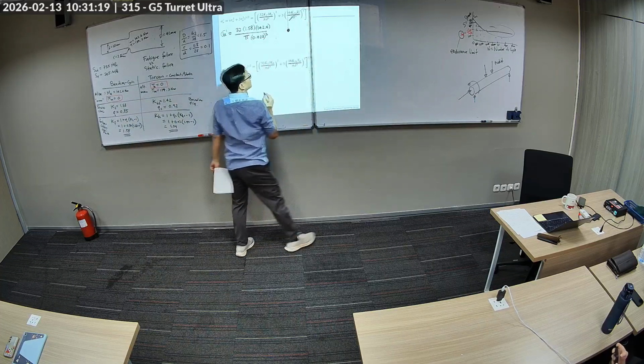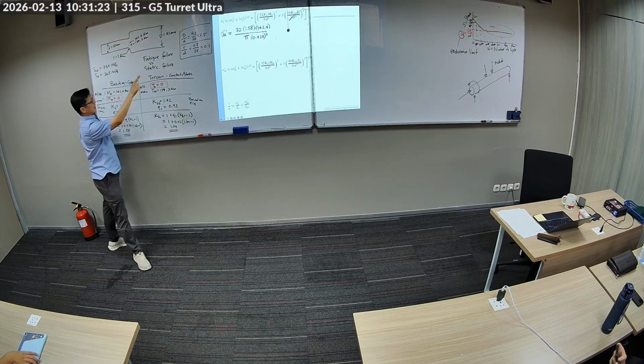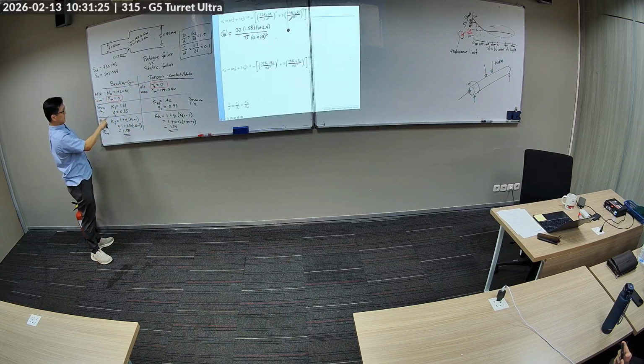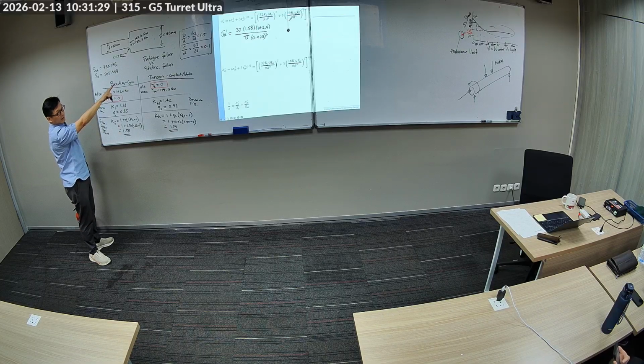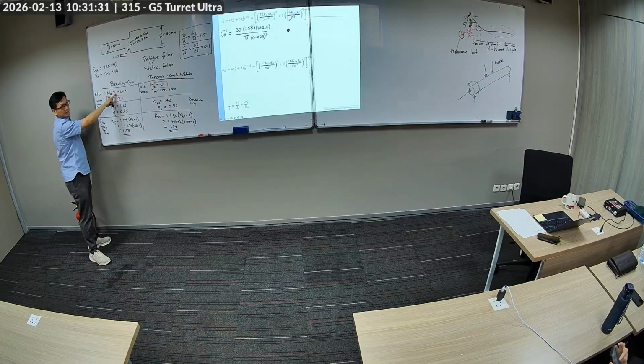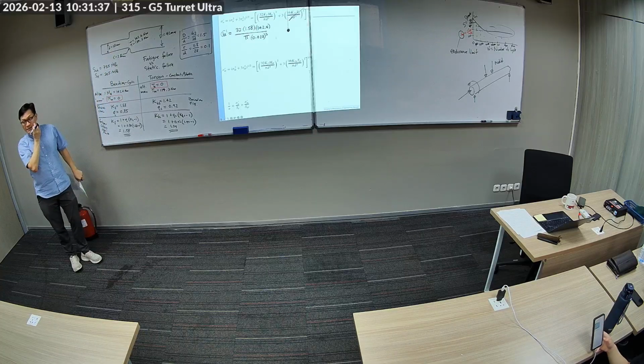This is zero. I got the Kf from here. This is Kf, 142, and 5d, small d, in meters.